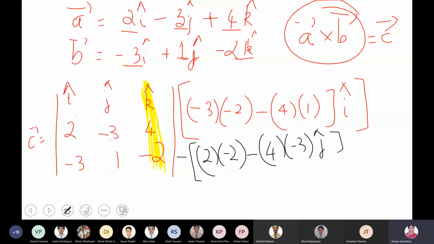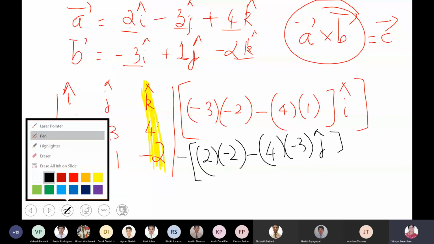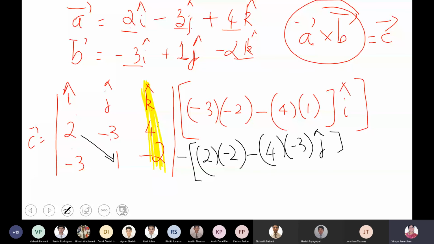Now I have this. So I have to go for 2 into 1. When you are going for the coefficient of K cap, it will be plus 2 into 1, because I'm starting always from left and then right. 2 into 1 minus of minus 3 into minus 3. Is that clear?